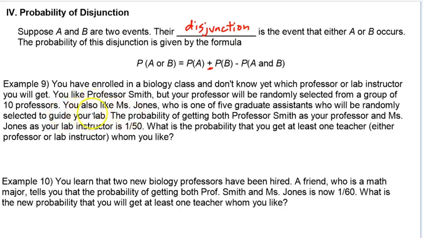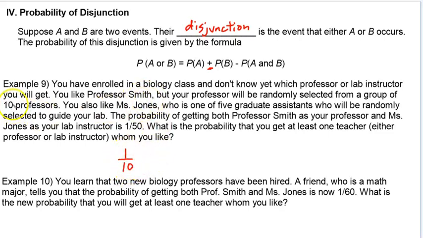So that's the scenario. So you want Mrs. Jones for grad assistant, and you want Professor Smith for the actual teaching lecturer. So the probability of getting Professor Smith, since there's 10 professors, is a 1 out of 10 likelihood.